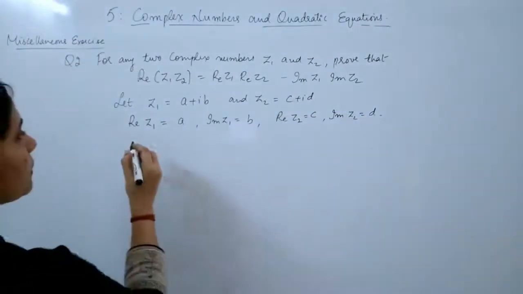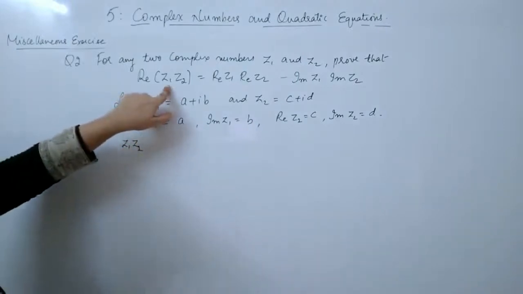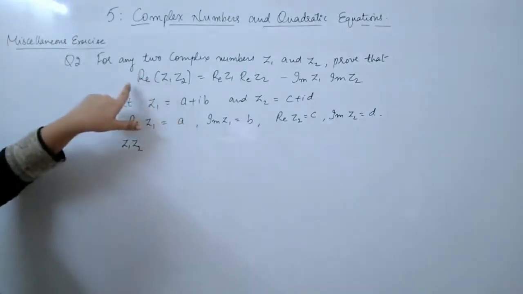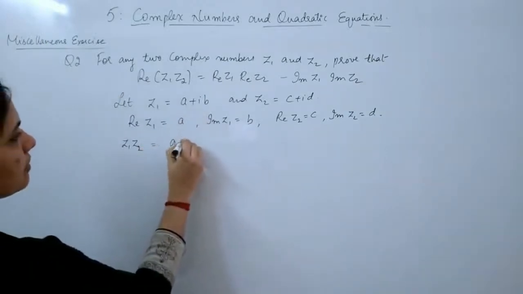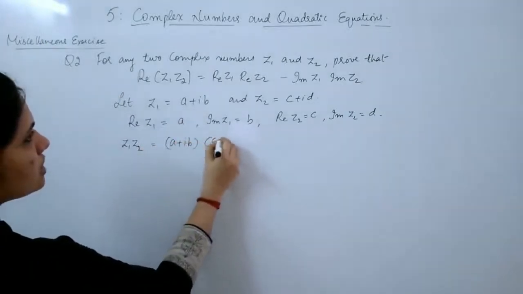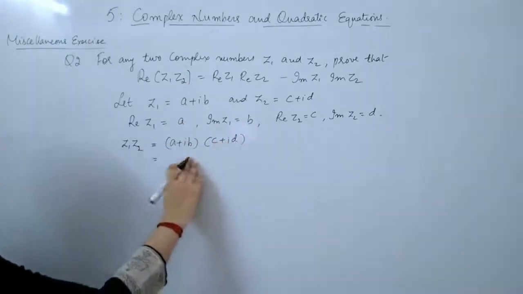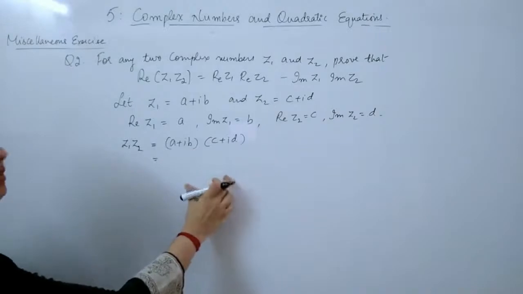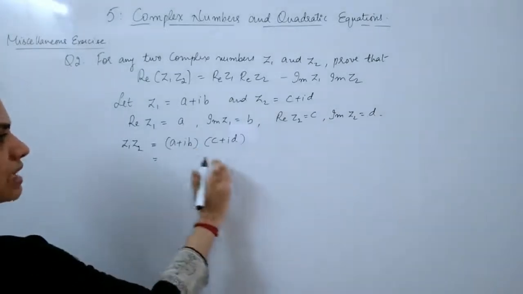Now we start with the product z1 z2, which we want, because after finding z1 z2 we will find the real part of z1 z2. z1 is a plus ib, z2 is c plus id. If you know the formula, you can directly write it, or else you multiply and make it in the form of something plus i into the other thing, that means a plus ib form.